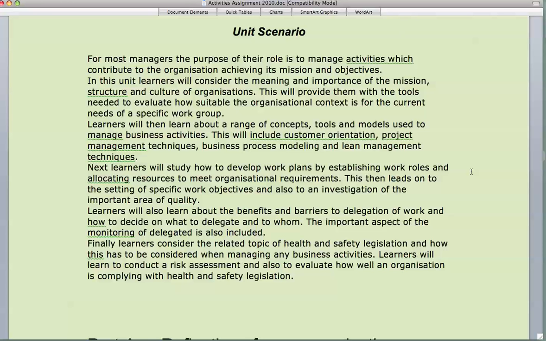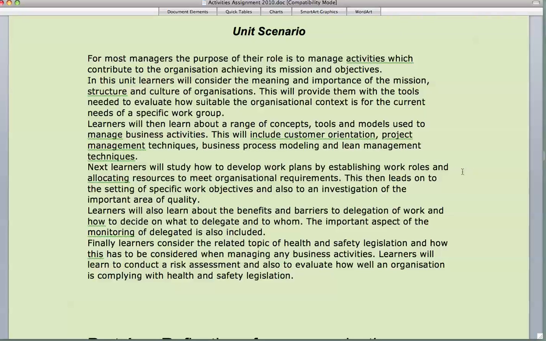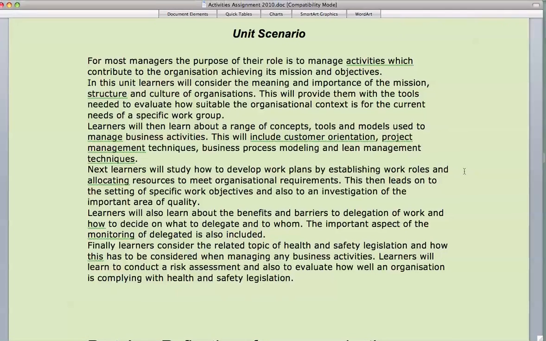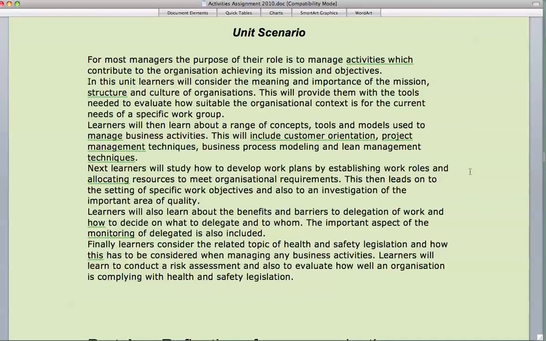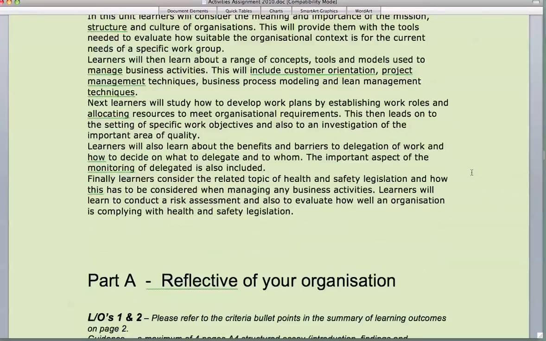So it's the sort of overview of what we'll be studying within this unit, and the impact on management and the areas of management which we're going to be looking at.